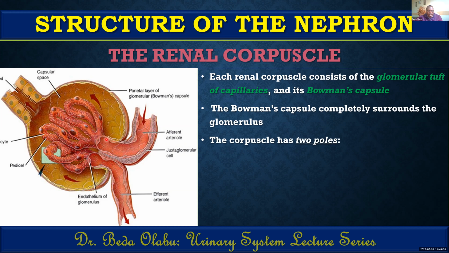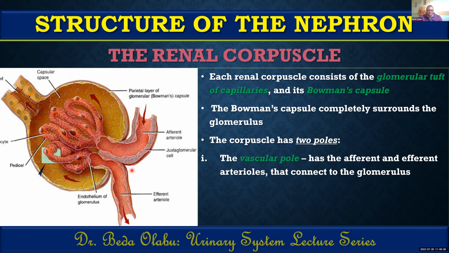This corpuscle has two poles. At this pole here, where the blood vessels attach, we can see a vessel coming in, which we call the afferent arteriole, and one leaving, which we call the efferent arteriole. So this point of attachment of the blood vessels is called the vascular pole of the renal corpuscle. And then we have this end of the renal corpuscle where it continues with the renal tubule.